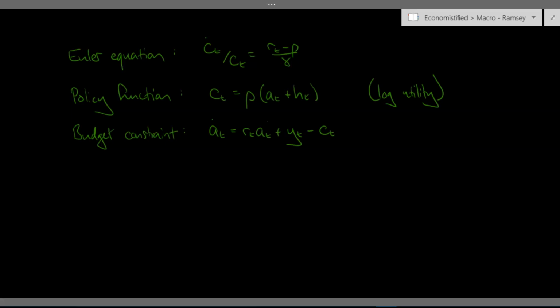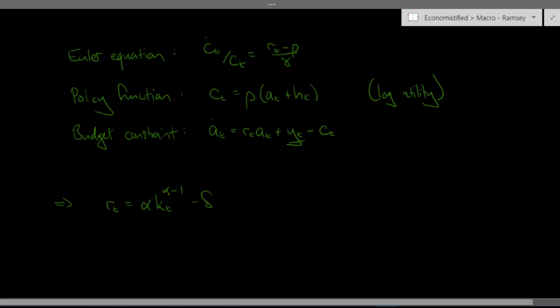Now, if we want to solve the Ramsey model more fully, we're going to need to combine these optimality conditions and budget constraints for the household with optimality conditions for the firm side of the economy. And that's going to give us that the interest rate, if we have a Cobb-Douglas production function, is just going to look like this. It's going to be the marginal product of capital less the depreciation rate.